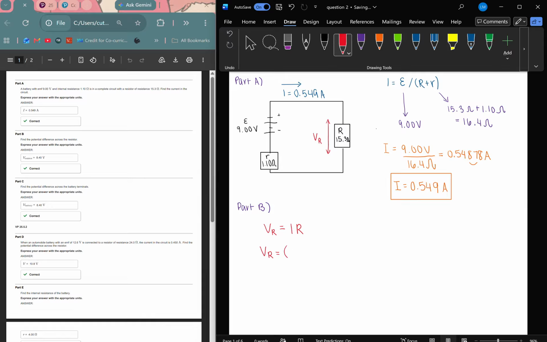We found out the current, which was 0.549, and then R, the resistor, which we know right here, it is 15.3 ohms. So let's put that in the calculator.